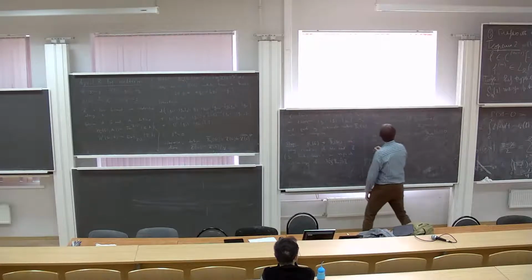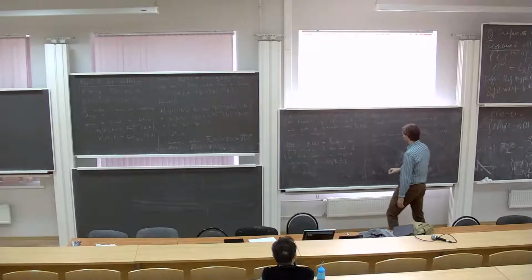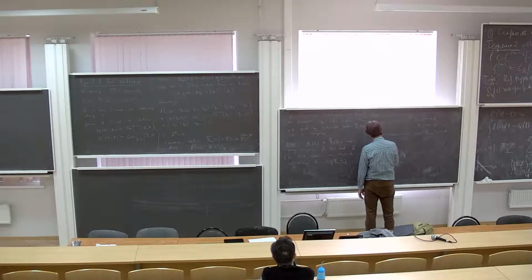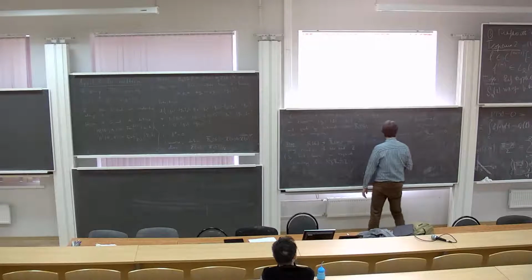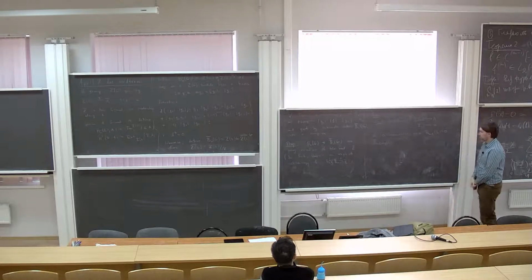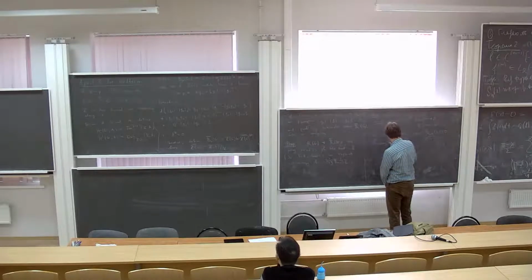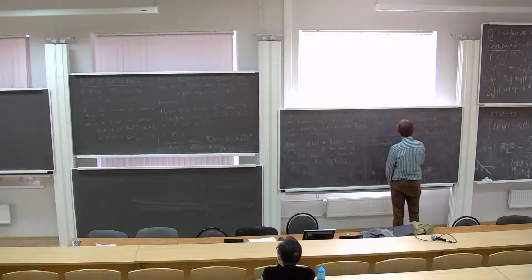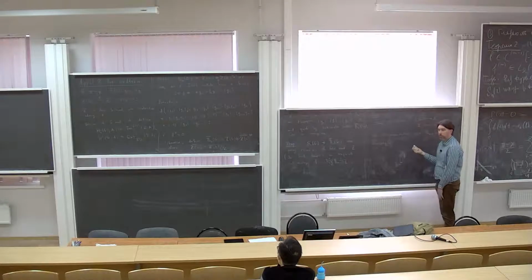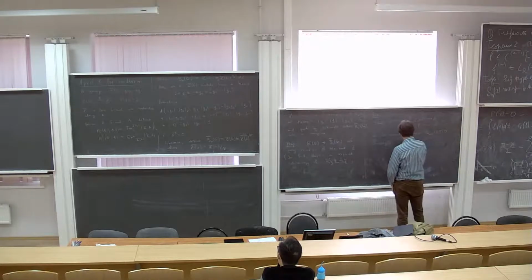However, there's a condition for a cochain to be a cocycle. So let's write down the cocycle condition. When is this a cocycle? Well, if I precompose with the differential, it should become 0, right? And what is the differential?